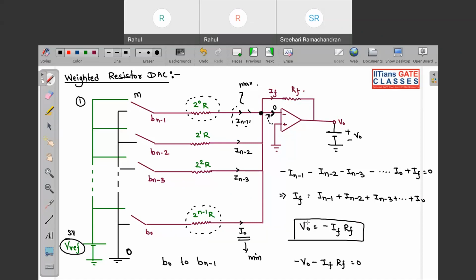So we already have If is equal to In minus 1 plus In minus 2 plus In minus 3 plus dot dot dot till I naught.